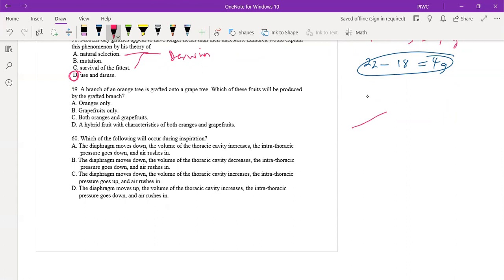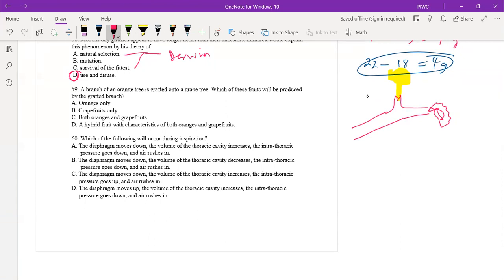So you have a grape, and you take a branch and graft an orange tree here. So the question is, which of these fruits will be produced by the grafted branch?